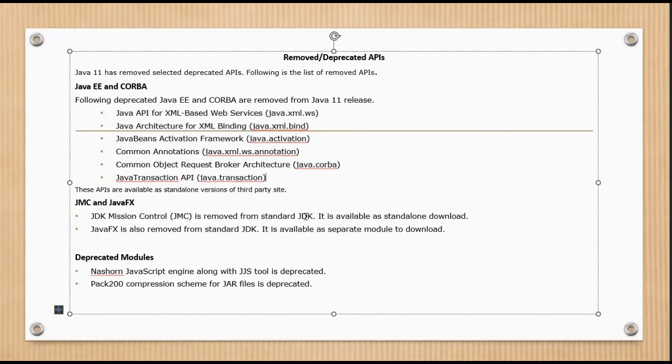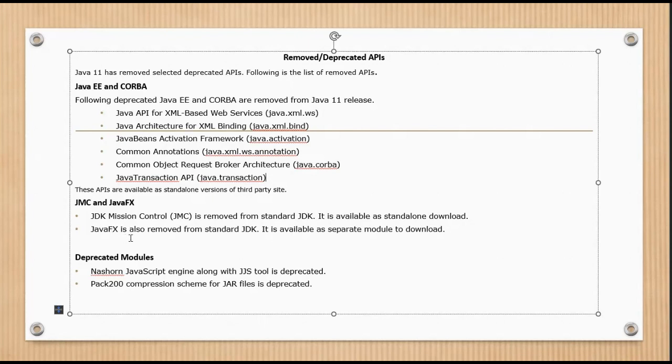It was provided internally as part of the bin folder when you installed the JDK. Now it's removed and available as a standalone tool. You can go to the JMC site and download it. That is one change.